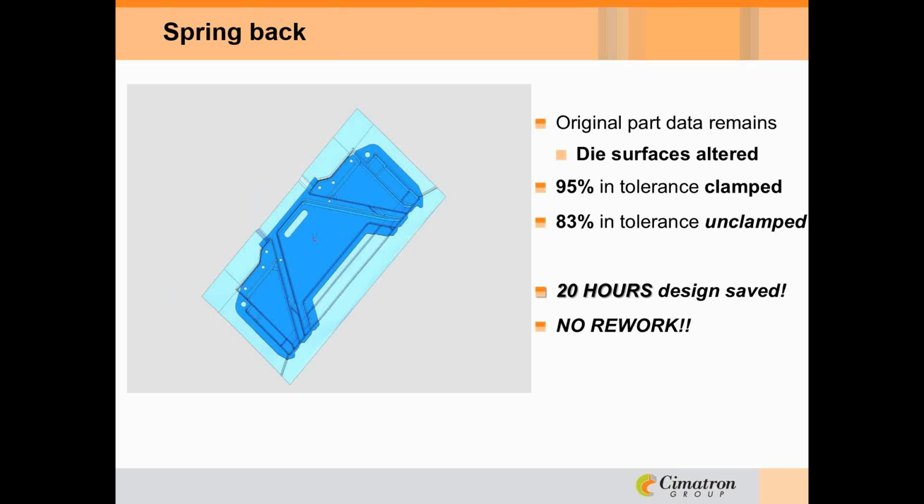Even though 83% of it was unclamped, in tolerance is still very high. And you can see the results were basically one cut, and then you got a decent part that meets 95% clamp tolerance. So 20 hours of design time was saved, and this function basically ran in about 15 minutes to save 20 hours of design time.